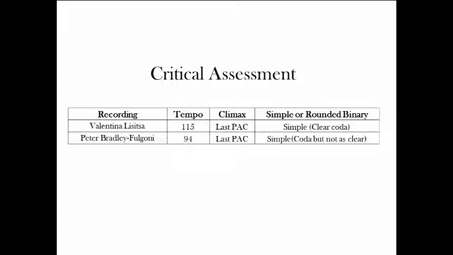Both of them hit the climax at the last PAC, although Fulgoni, I think, grew faster, if that makes sense. So as soon as he started the cadential material in the big B section, he started growing really fast, and I think Valentina postponed it a little bit. I personally like the postponing one, but it's up to interpretation.